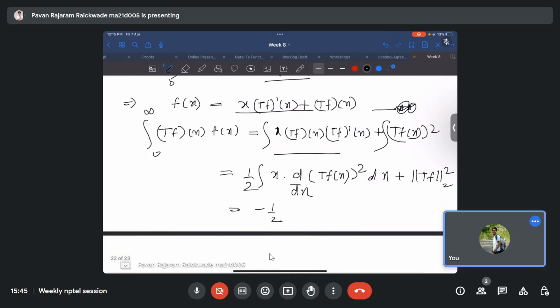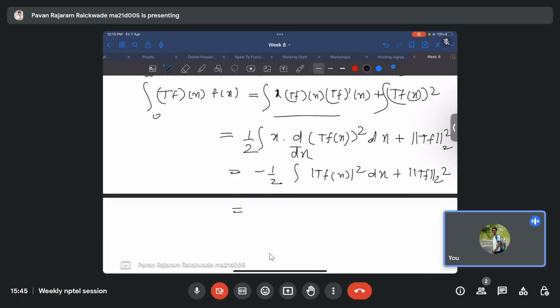So this is half times again the integral of modulus of Tf(x) squared, because by substitution again this is norm Tf squared. So this is half times norm Tf_2 squared.